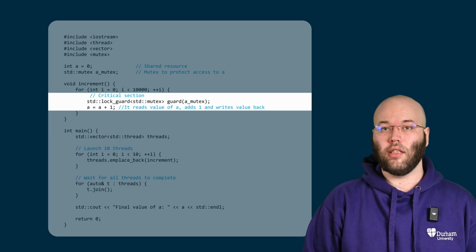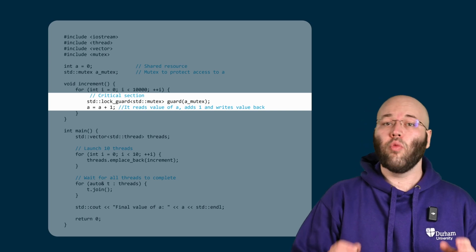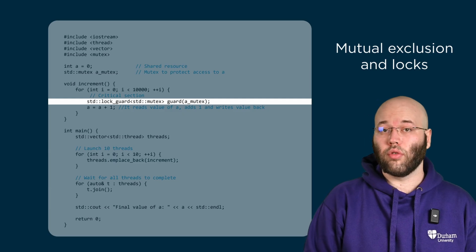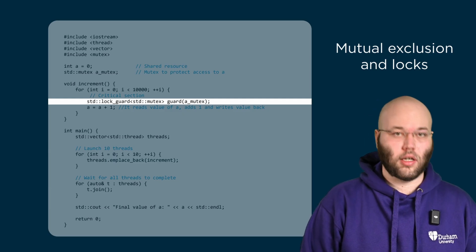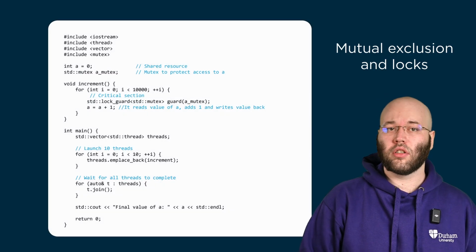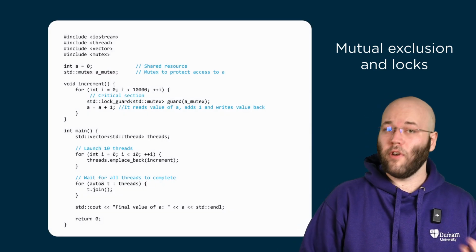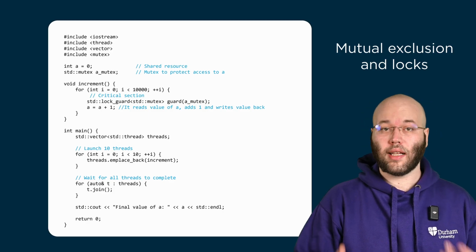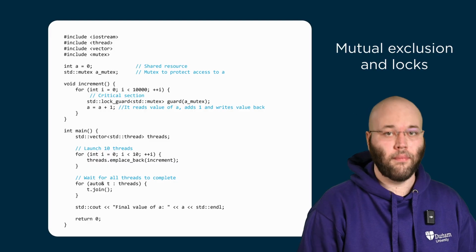To ensure that indeed only a single thread has access, we need to employ synchronization mechanisms such as mutexes, which are short for mutual exclusion, and locks. You can think of them as a variable specifying whether a resource or critical region is currently free and available or not. Every critical region is then protected by such a mutex or lock.